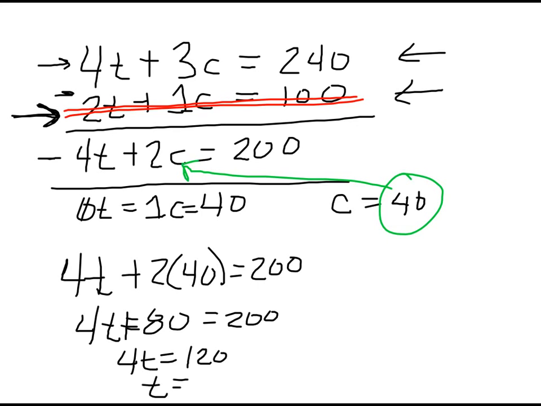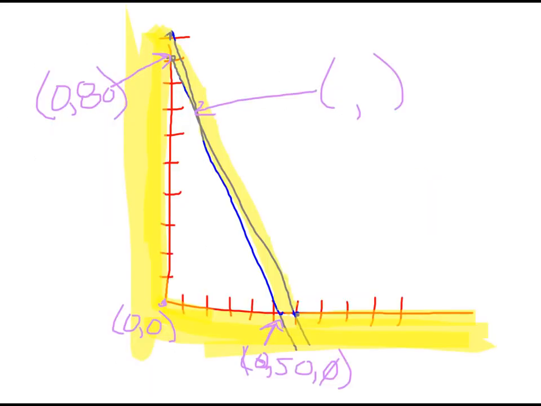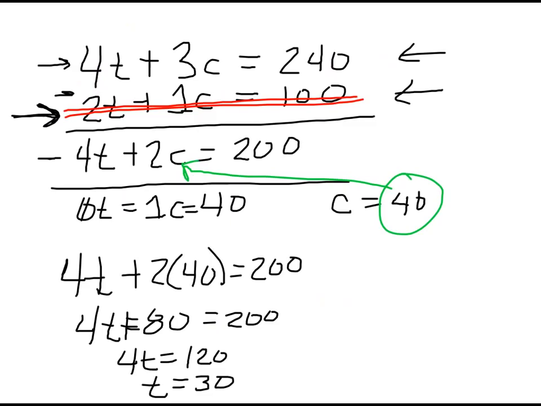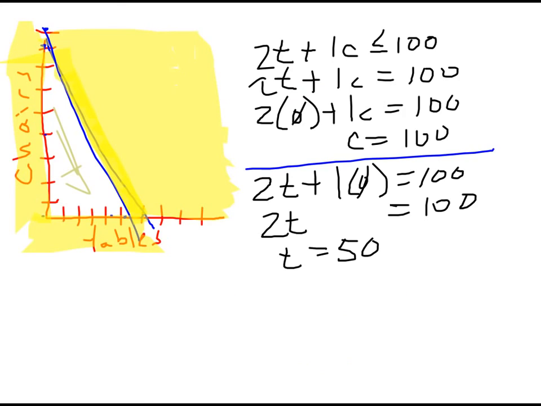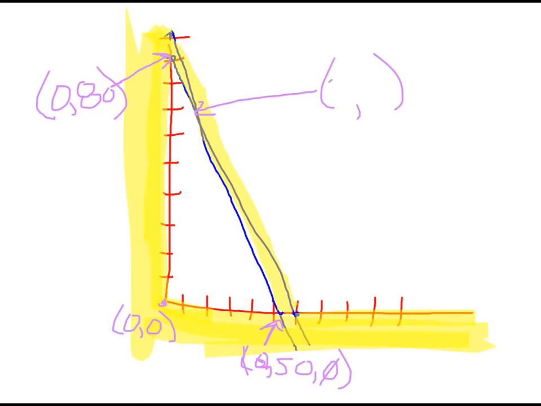So t equals 30. So now I know that this final coordinate is t equals 30 and c equals 40. And that's this point right here.